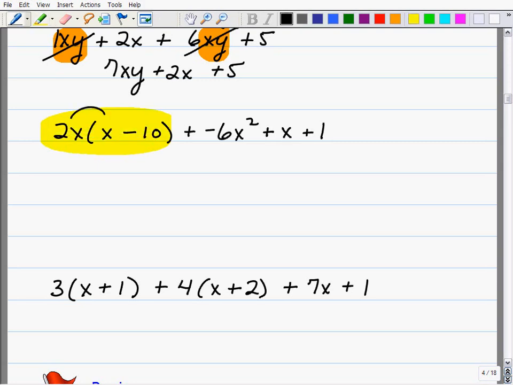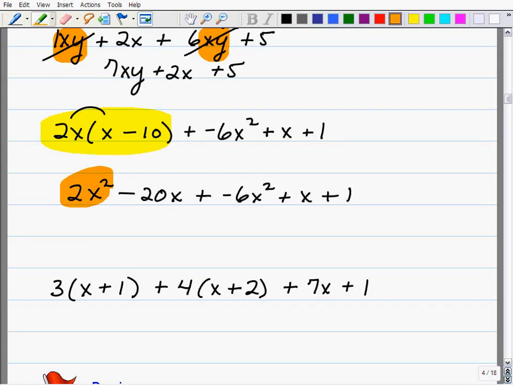That's going to be 2x squared. Go back to the distributive property video if you don't understand that. Minus 20x plus negative 6x squared plus x plus 1. Okay, let's take a look at this first term. Do you have any other terms with x squared? I do. Now I'm going to do it this way.